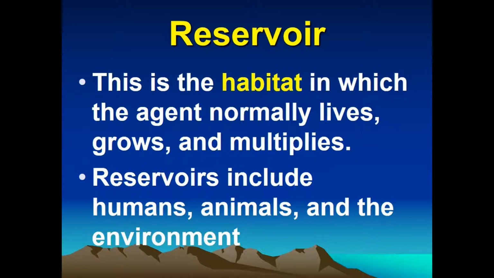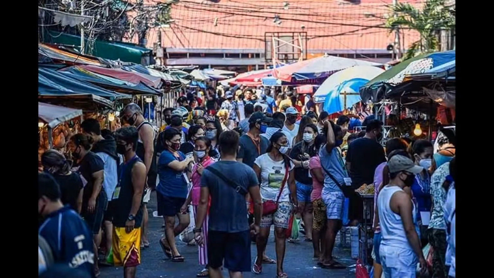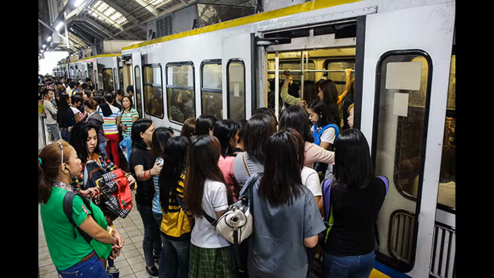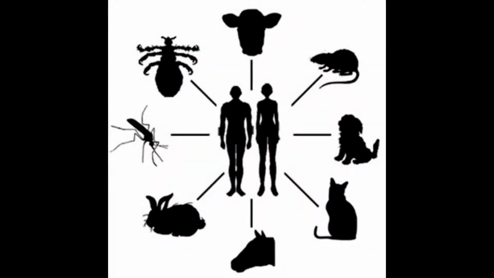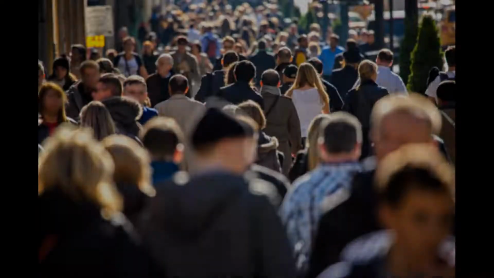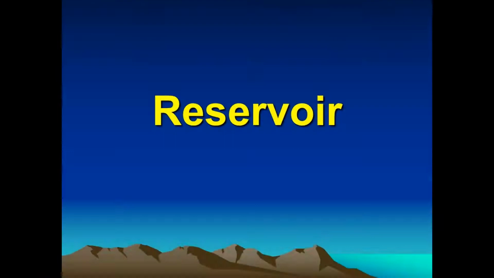Ano yung mga places where the pathogen lives? Humans, people, di ba? So, bacteria, viruses can thrive in the human body. Animals, yan. Insects, inanimate objects like medical equipment, soil, water. So, those places or habitat where the pathogen lives is the reservoir.